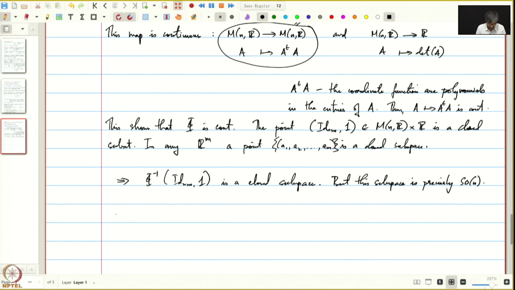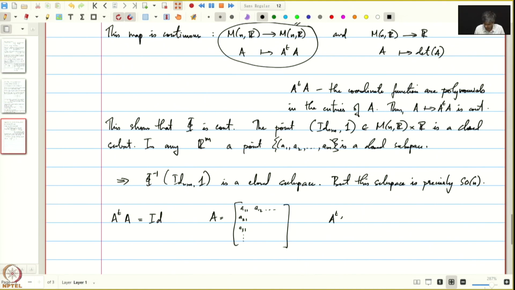So this is easy, because when we look at the condition A transpose A is equal to identity, so if A is the matrix with entries A11, A12 and so on, A21, right.